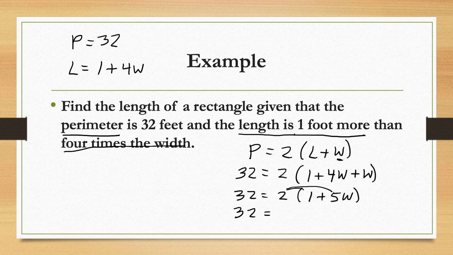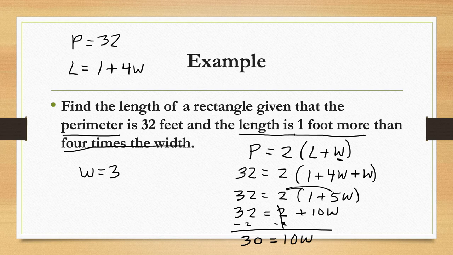So 2 times 1 is 2. 2 times 5W is going to be 10W. We're solving for W, so we're going to go ahead and subtract this 2 from both sides, which is going to give me 30 is equal to 10W. And dividing both sides by 10, we see that the W value is going to equal 3.